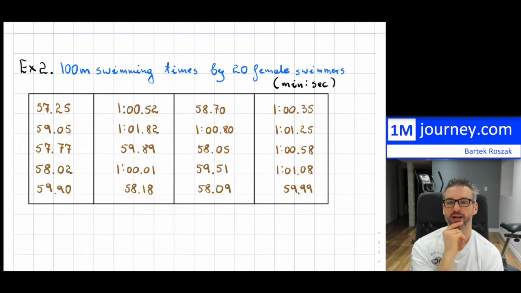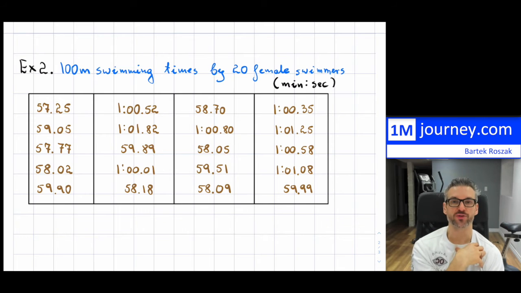So instead, I can pick the stem as the first two leading digits. For example, I can pick 57 as my stem, and then see how many 57s I have, followed by the decimal. So notice 57, 57, and then I can pick 58. Now the minutes: notice there's a minute, 0.52.